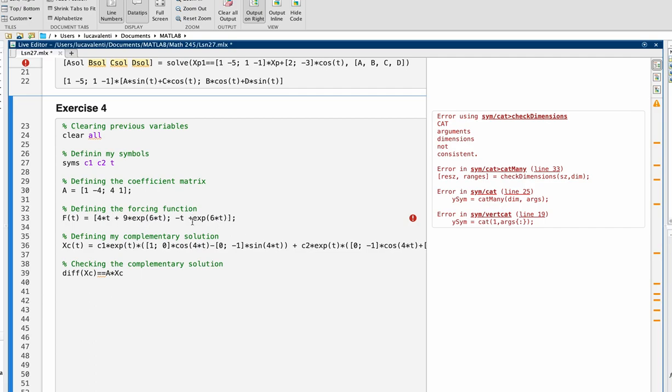Well, I don't see anything wrong in here: 4 times t plus 9 times the exponent of 6t, and negative t plus the exponent of 6t. They're saying the dimensions here are not consistent. Check dimensions.